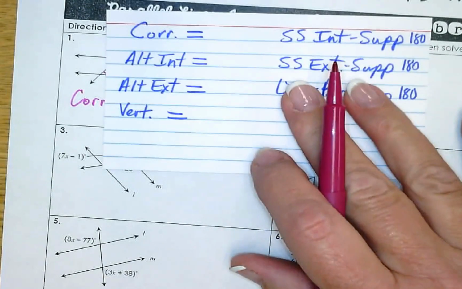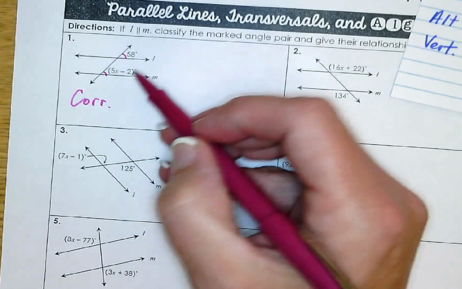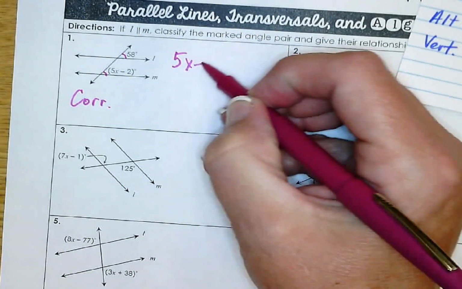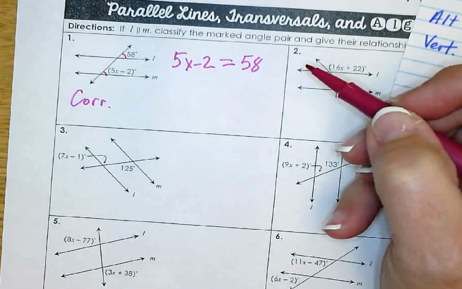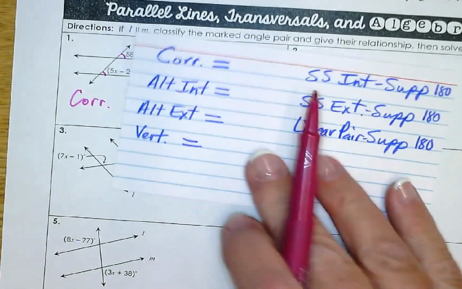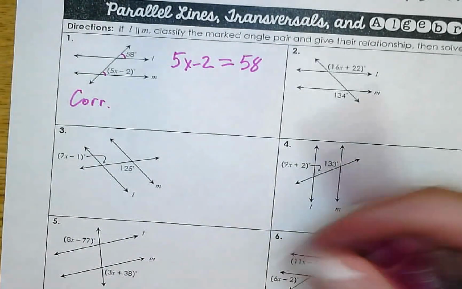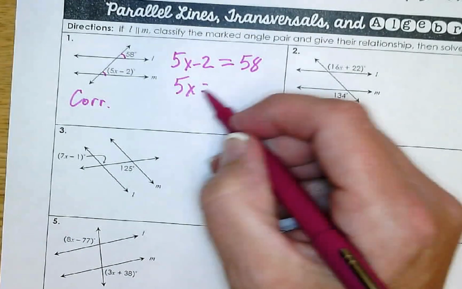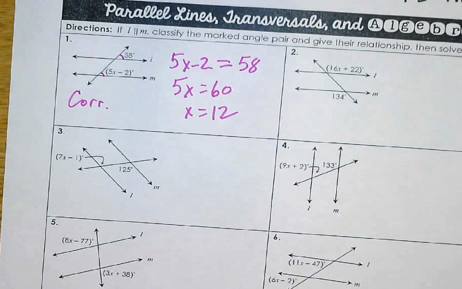And I know from my notes before that corresponding angles are equal. So this angle of 5x minus 2 will equal 58. So these tell us how to set up the equation to solve for x. So once I've done that, I get x equals 12. That's my final answer.